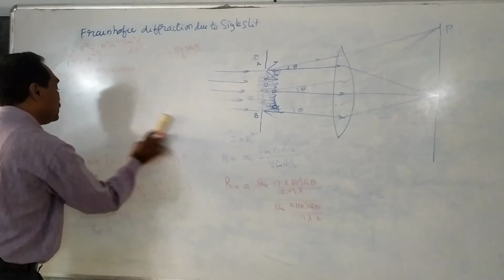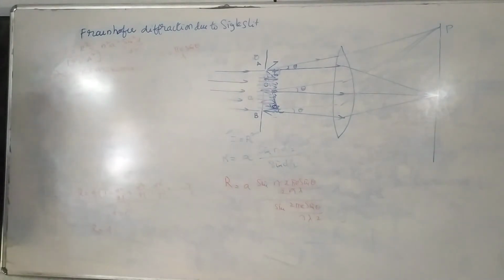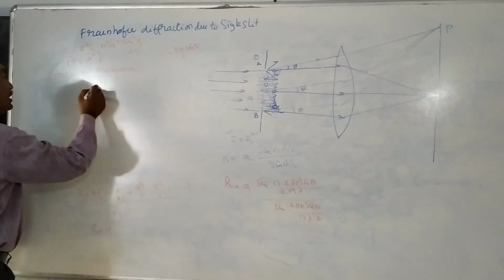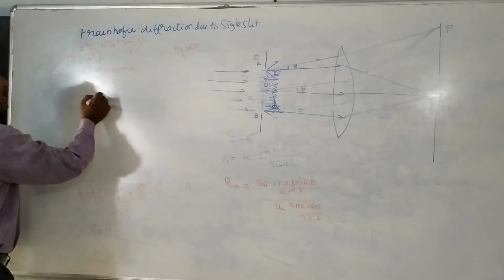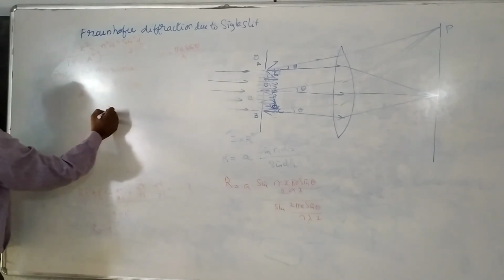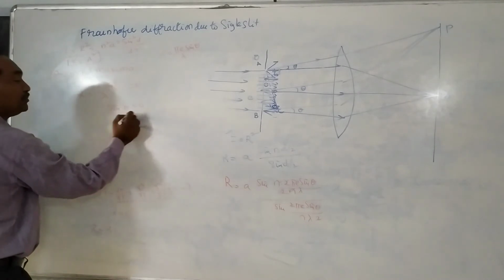Alpha equal to 0 is the condition for maximum intensity, that is principal maxima. Alpha equal to 0 is nothing but pi a sin theta by lambda equal to 0, which is nothing but sin theta equal to 0, that is theta equal to 0.